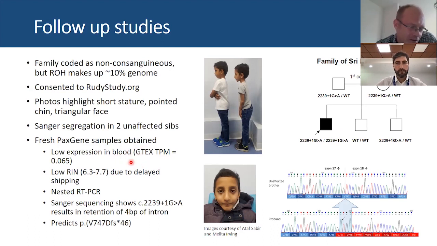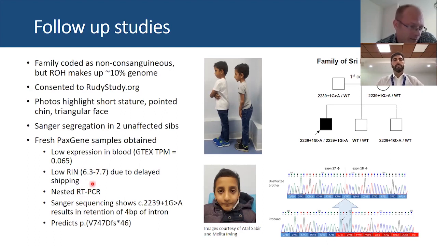So Scooby3, as we already showed, is very highly expressed in bone, but in blood, it's very low. So GTEx shows it's less than 0.1 transcripts per million. And also the blood sample was delayed in shipment. So when I came to extract the RNA, we got a lowish RNA integrity score.